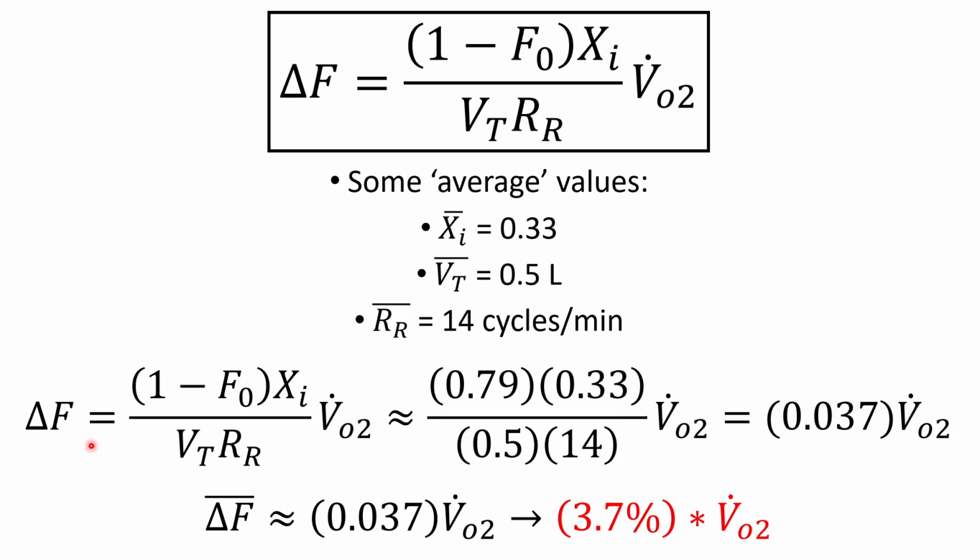Remember that this is the change in F, not the actual final FiO2. So an average change in FiO2 is roughly 0.037, which is 3.7%, times the flow of O2. And this is how you end up getting that approximation of around 4% per liter that you give the patient from the wall.